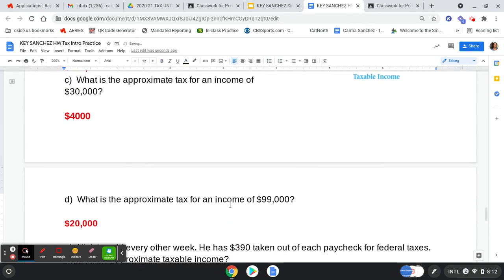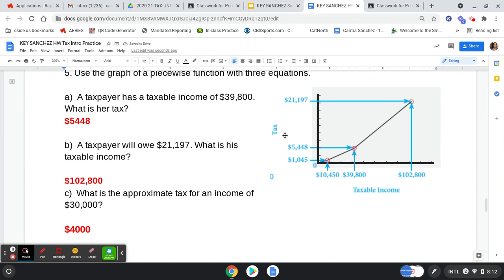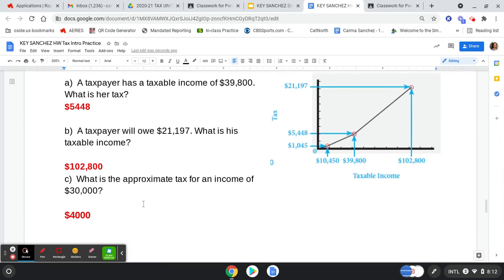Let's go up and see what maybe correlates to that. So if 20,000 is way up here, 5,000 is right here, somewhere in the middle. Let's go with maybe across to here and down. So 1, 2, 3, 4, 5. I'm going to go with about 60,000 in income.